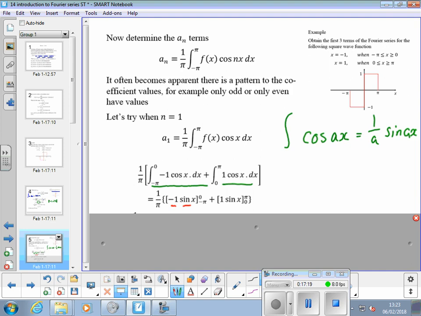That's between minus pi and 0. Again, the 1 comes down, 1 times 1 is 1, sine of x. That's between 0 and pi. Reasonably happy so far? Yeah?